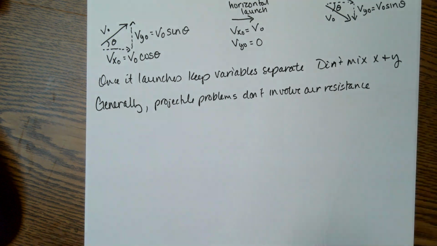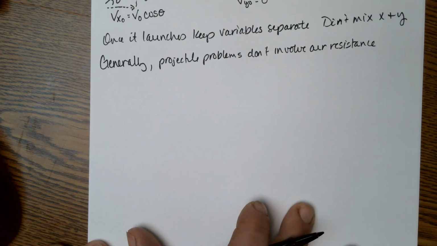The reason is that air resistance is not a constant force, so it would not provide a constant acceleration. And if that was the case, you couldn't use kinematics because you would not have constant acceleration. So generally projectile problems don't involve air resistance.